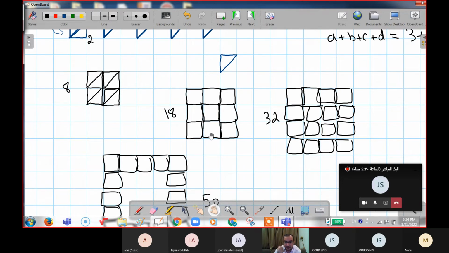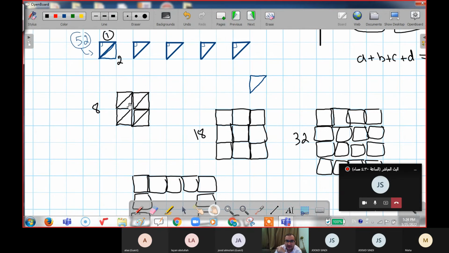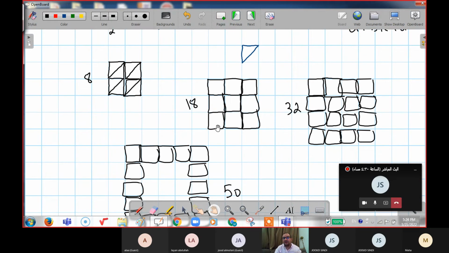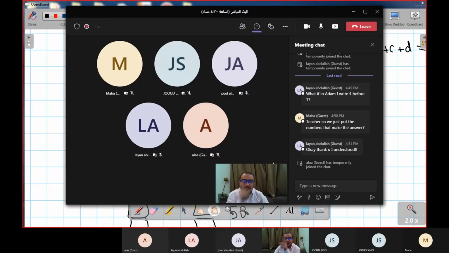I got confused. So this is the first side, Yalayan, the second, the third, the fourth, so here I have 5 different sides. So I use the right isosceles triangle to make, until now, how many sides, Yalayan? 5. Okay, right. Do you have any question before I continue this part?